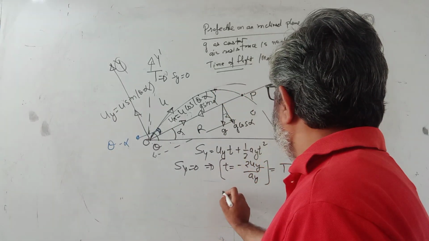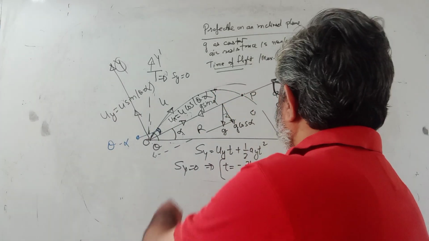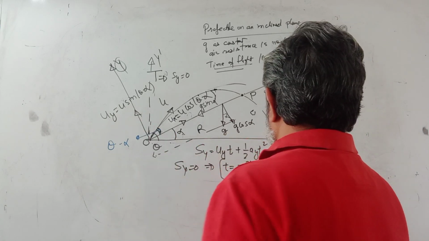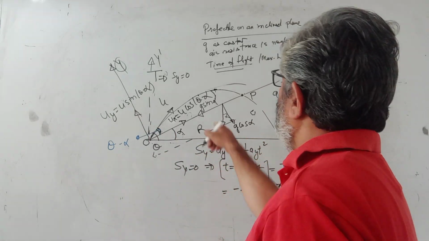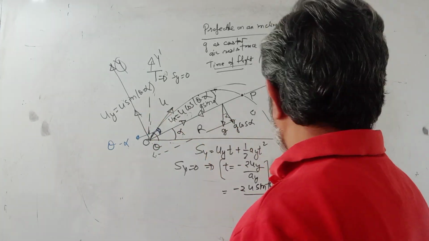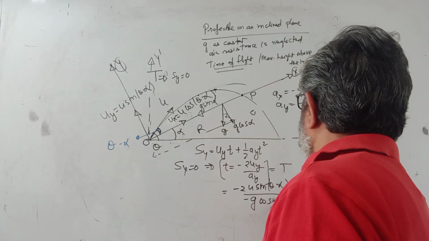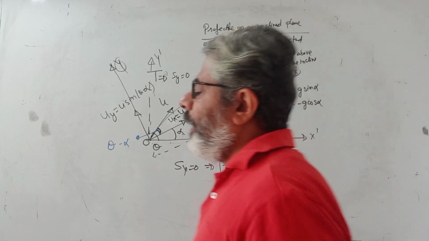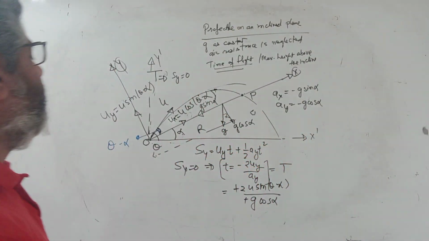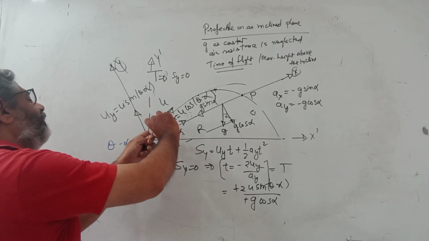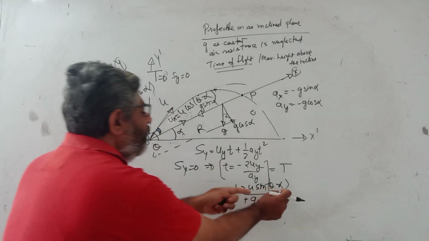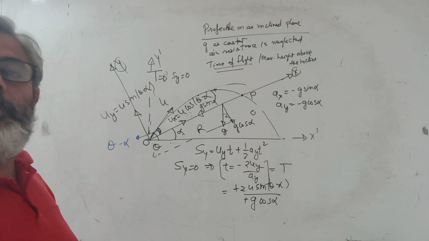So when you calculate it, this time of flight will be minus 2 uy, that is 2u sin(theta minus alpha), upon ay, which is minus g cos alpha. So this is the answer. Now you can have other answers for this also. For example, theta minus alpha is this angle. Now suppose I give you this angle as theta itself, so theta will appear here. You are getting my point.